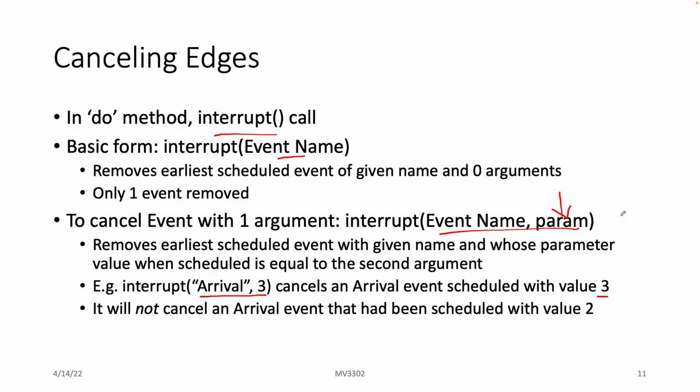So in what I'm going to ask you to do, the interrupt will be of a renege event with a particular entity. And so it will only match a renege event that had been scheduled with that exact entity. And because all the arrival events schedule the renege event with the entity that just arrived, that should always be the case.